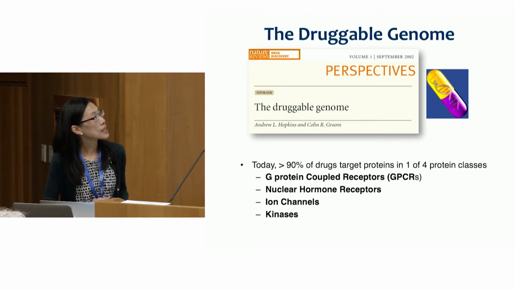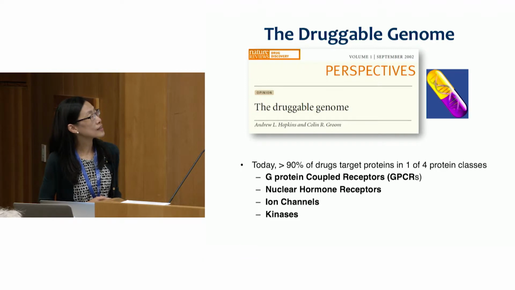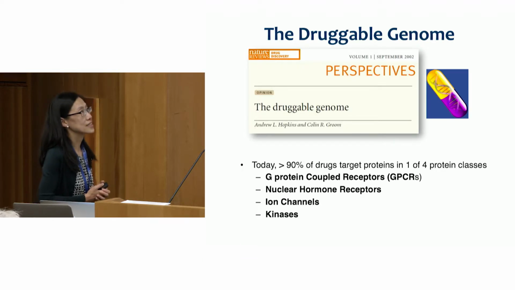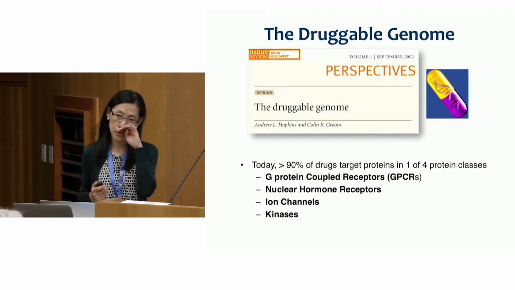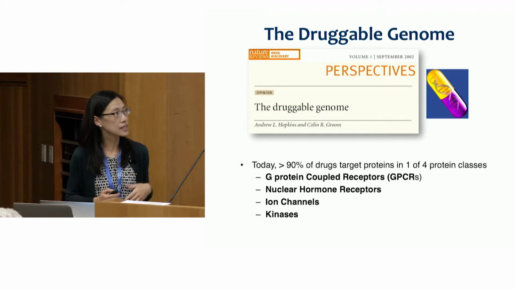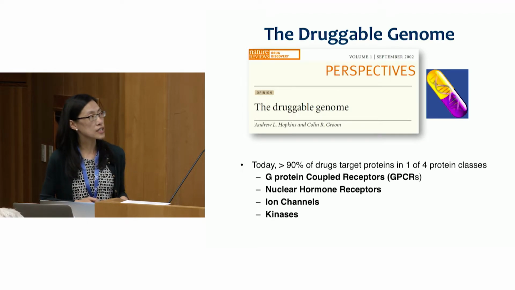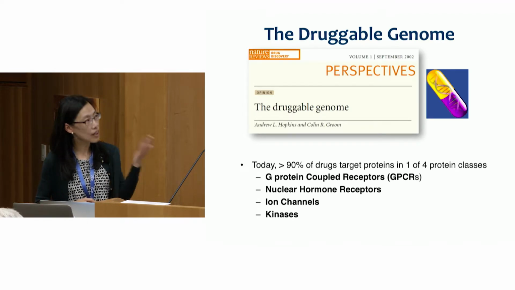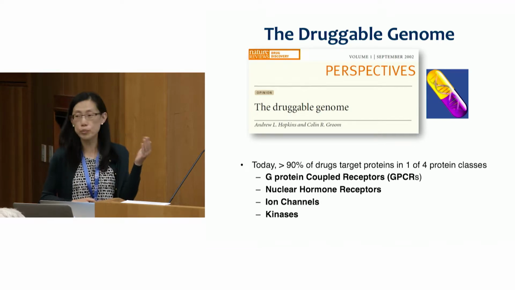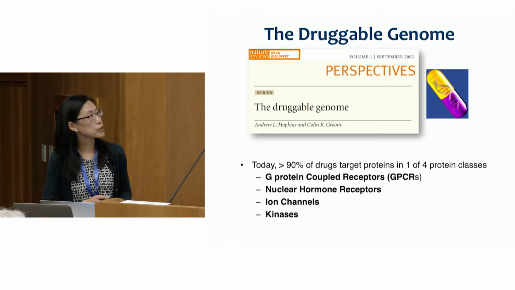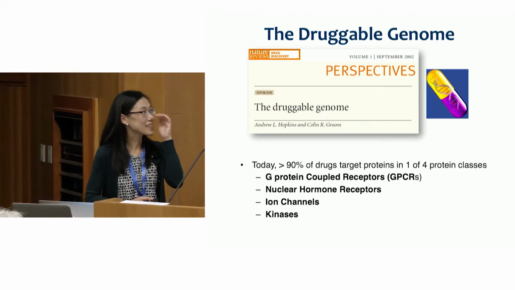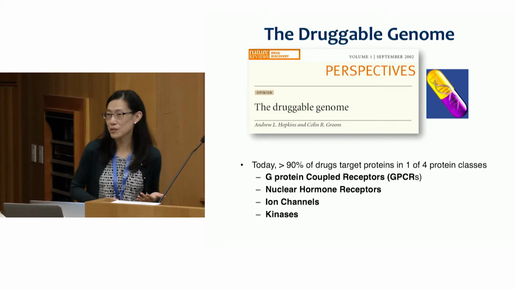So this Common Fund project stems from the observation that today most of the drugs on the market target only proteins in one of 4 protein classes, even though there are so many different protein classes: the GPCRs, nuclear hormone receptors, ion channels, and kinases. This is for fairly obvious reasons.